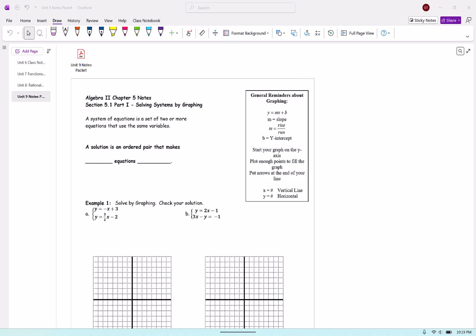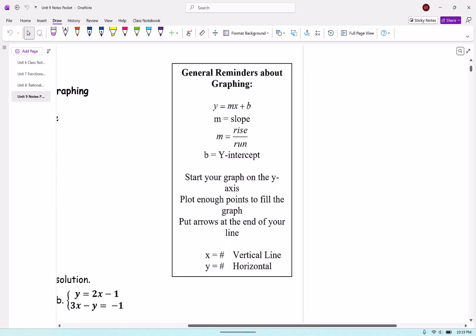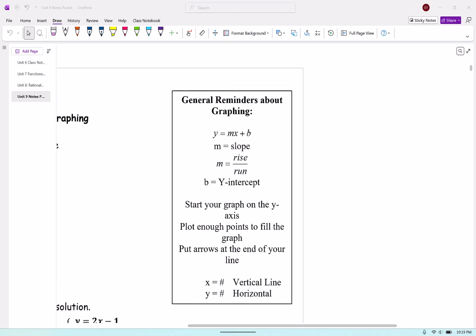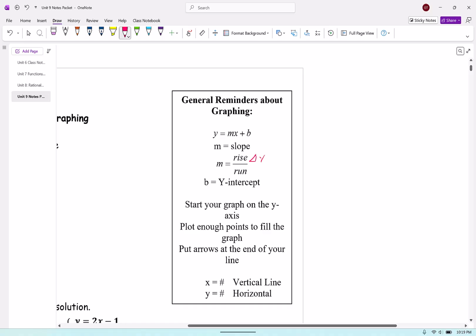Quick reminder about graphing: y equals mx plus b is the equation for a line. Slope is what m represents. Remember, we have rise over run, which is based off my change in y over my change in x. b represents my y-intercept, so it's (0, b), whatever that value is.